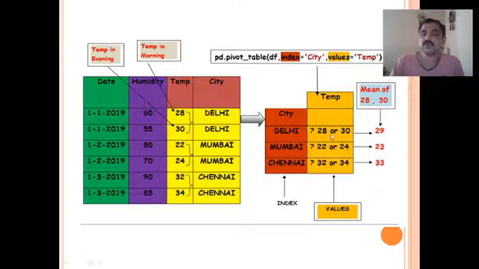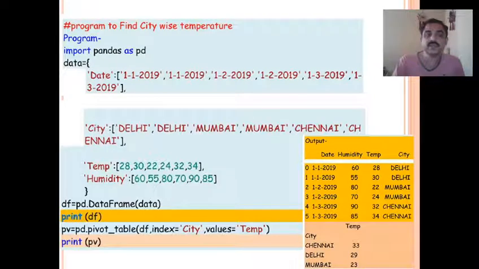If there are two values for the same column, same row, for example Delhi, 28 and 30, it finds the aggregate and displays it when you use pivot underscore table. But if it is pivot, and there are different values for the same row, it won't give the proper answer, it gives an error. So that problem is resolved using pivot underscore table.